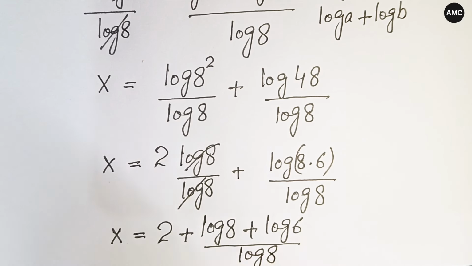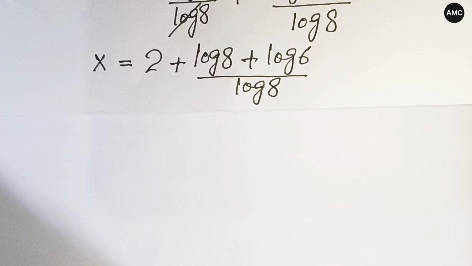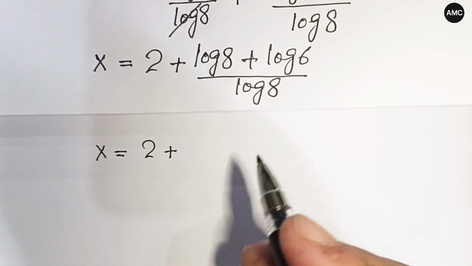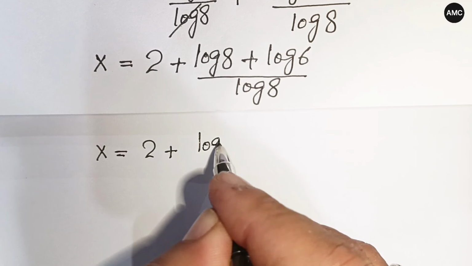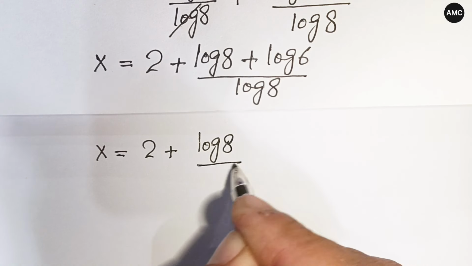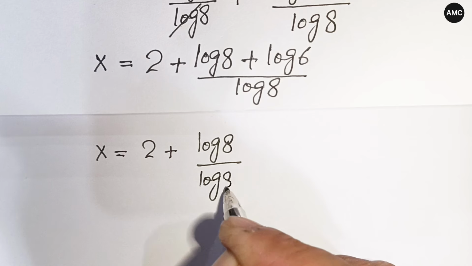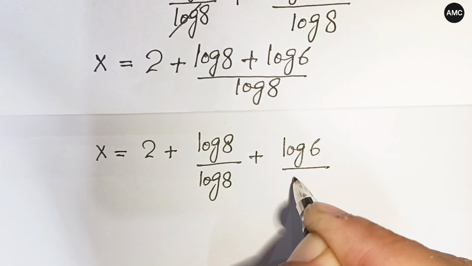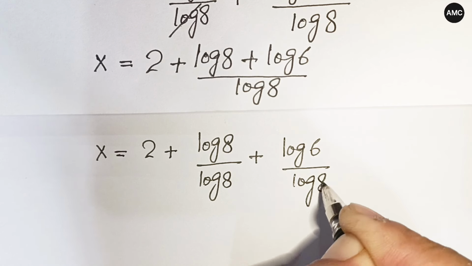Now x is equal to 2 plus, if we write this denominator separately, we have log 8 over log 8 plus log 6 over log 8.